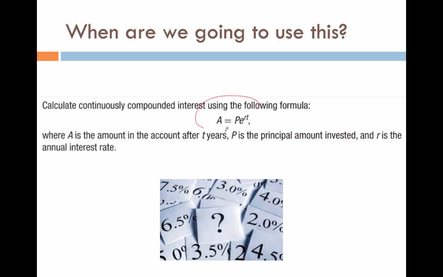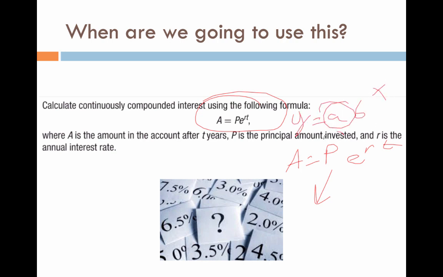And this is going to be A equals PERT. This is the principal. That's the initial. Oh my gosh, y equals a times b to the x. Very similar. Initial. E is just a number. This is the exponent. It's the interest rate, and that is going to be time.